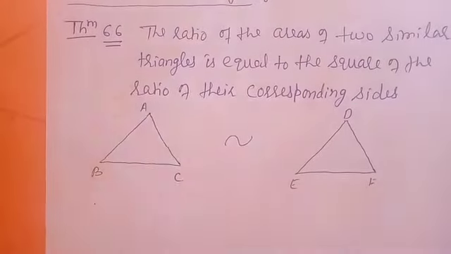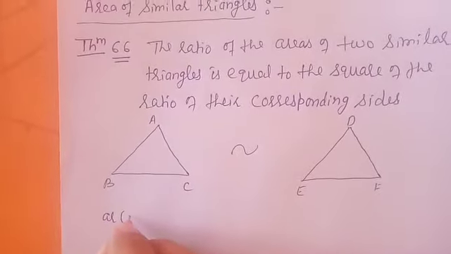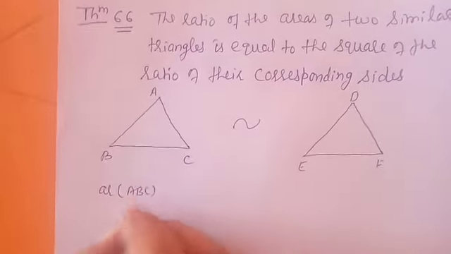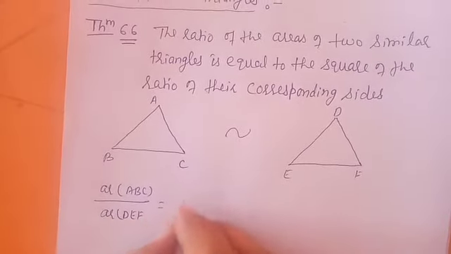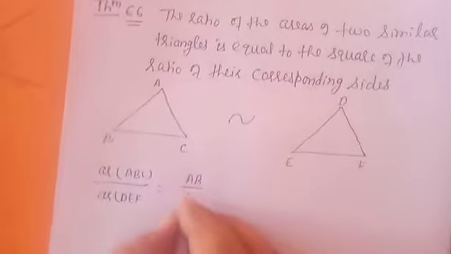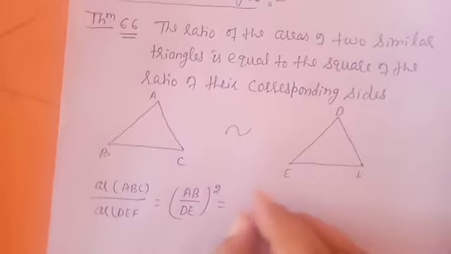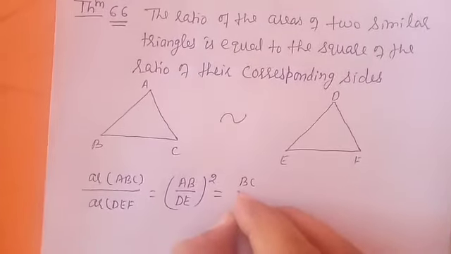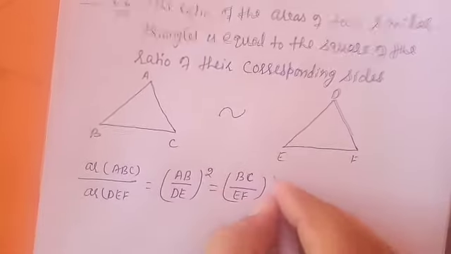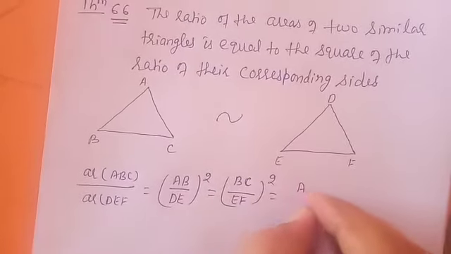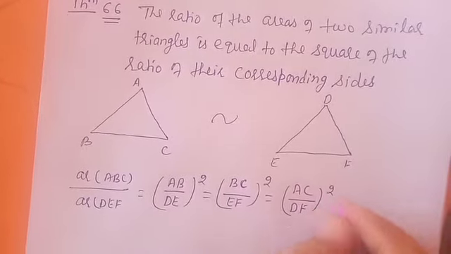You can say like this: area of triangle ABC by area of triangle DEF is equal to AB by DE whole square, is equal to BC by EF whole square, is equal to AC by DF whole square.